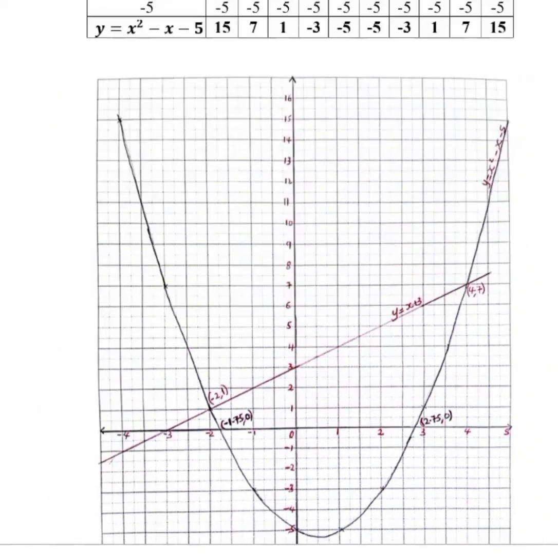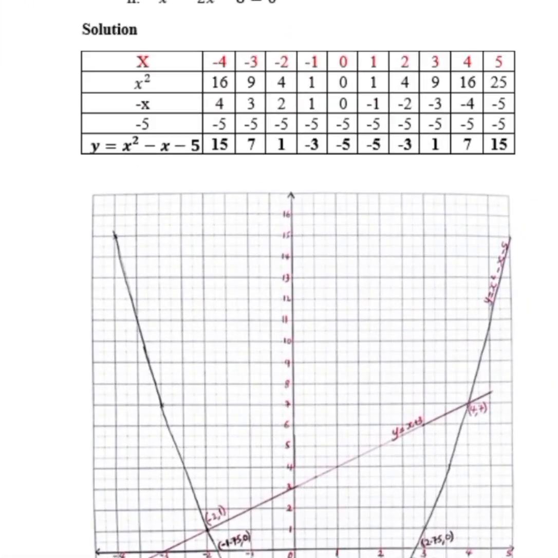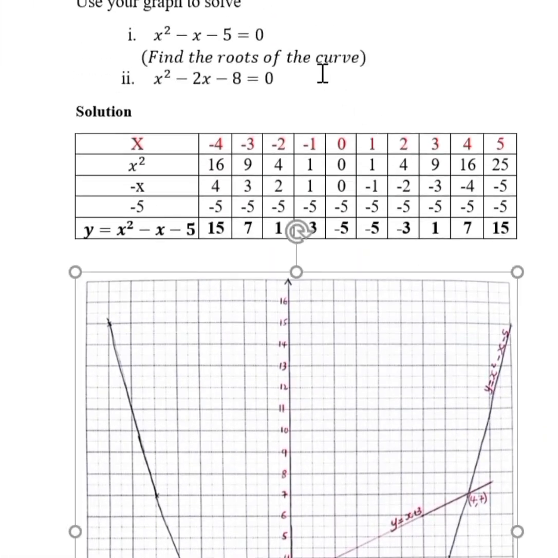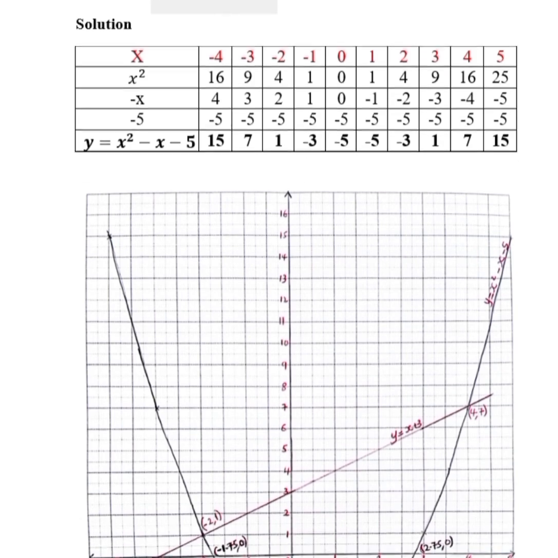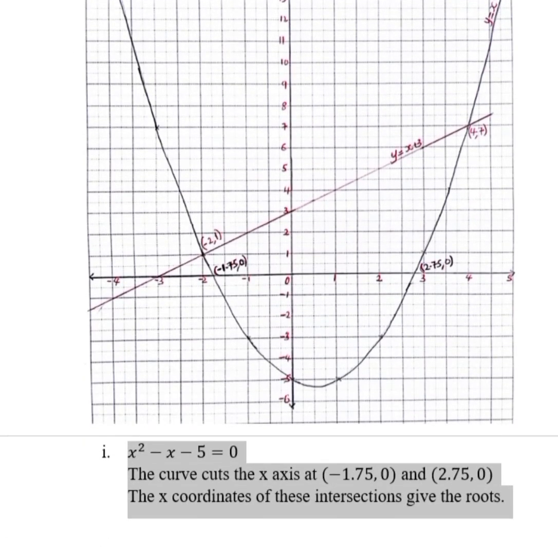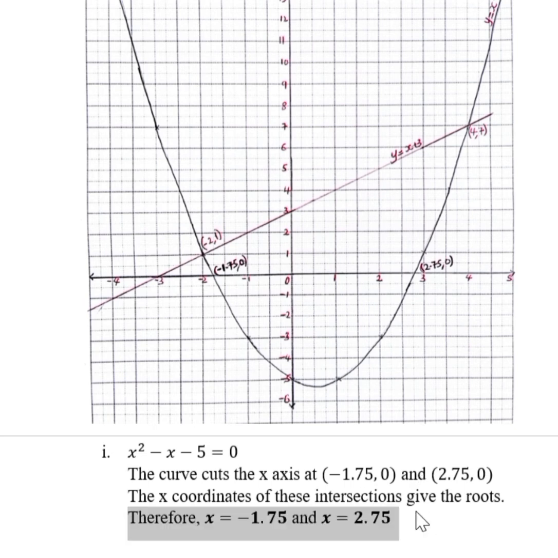That will give you the roots of the curve, or it will give you the values of x. In other words, you will solve by just taking the x coordinates of the intersection. So we shall have the curves intersect as we have said at this point, and therefore the x coordinates of these intersections give the roots, and the roots we have said are negative 1.75 and 2.75.